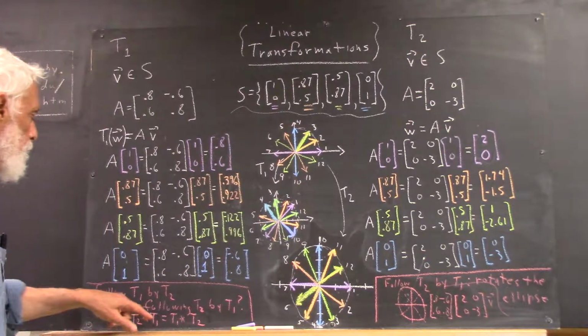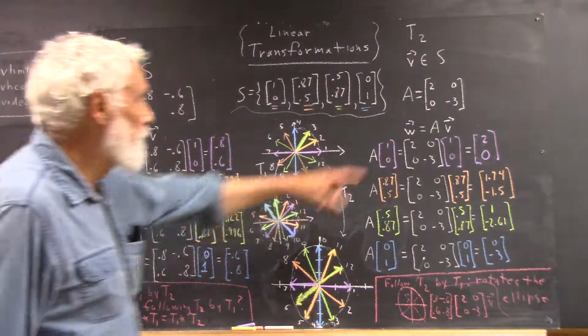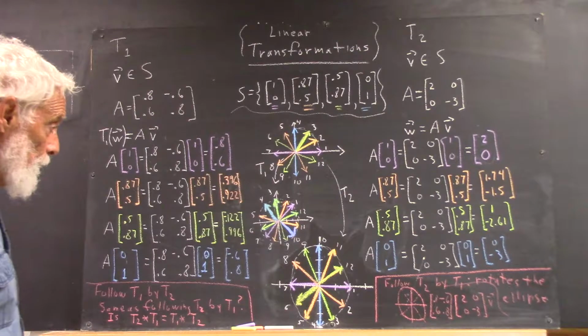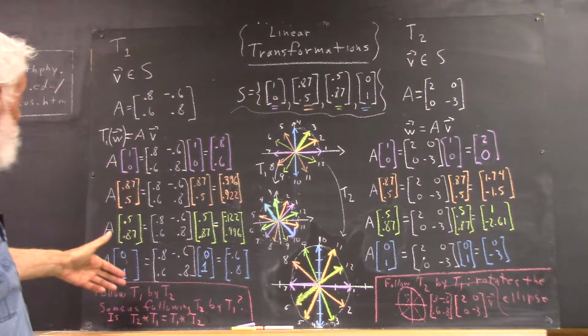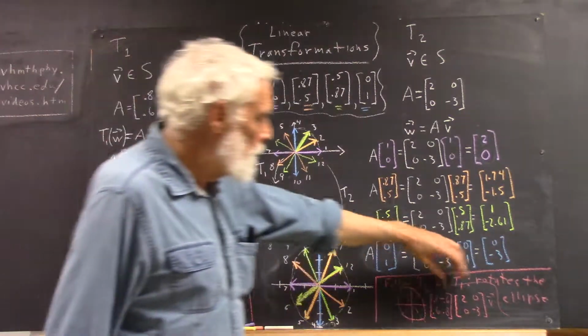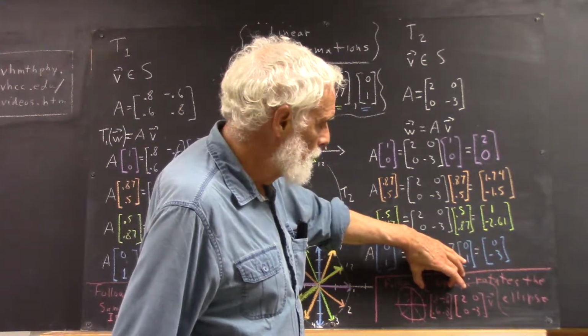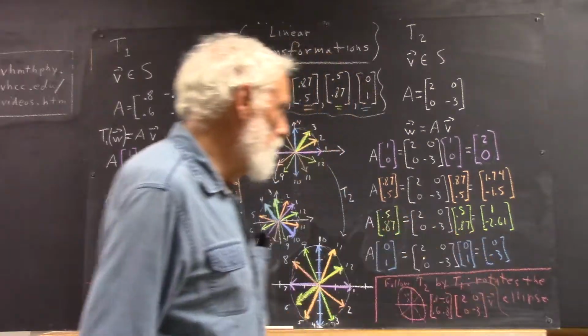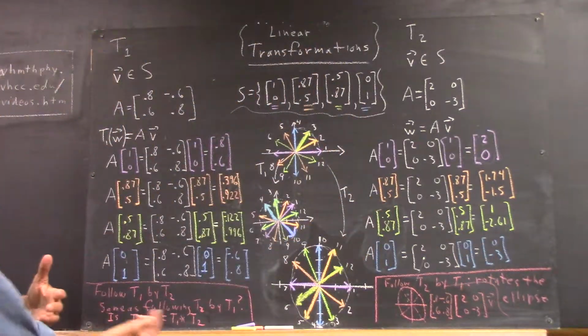If we think of T2 and T1 as this matrix and this matrix, then the question comes down to, well, if we follow T1 by T2, we have to have the 2, 0, 0, negative 3 matrix on the left, and the 0.8, negative 0.6, 0.6, 0.8 matrix on the right.